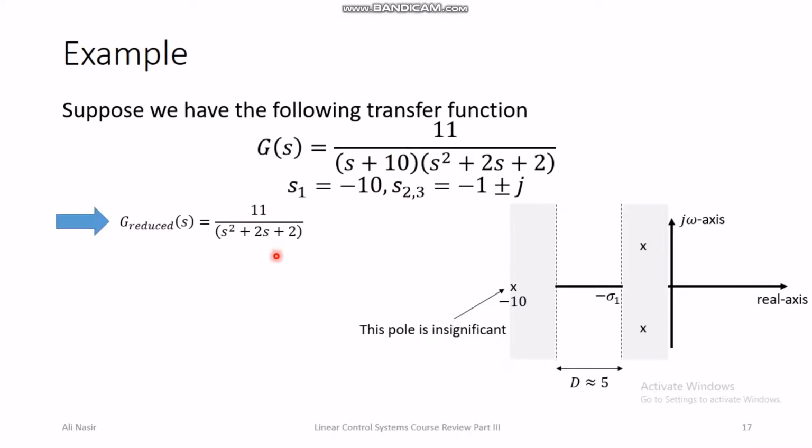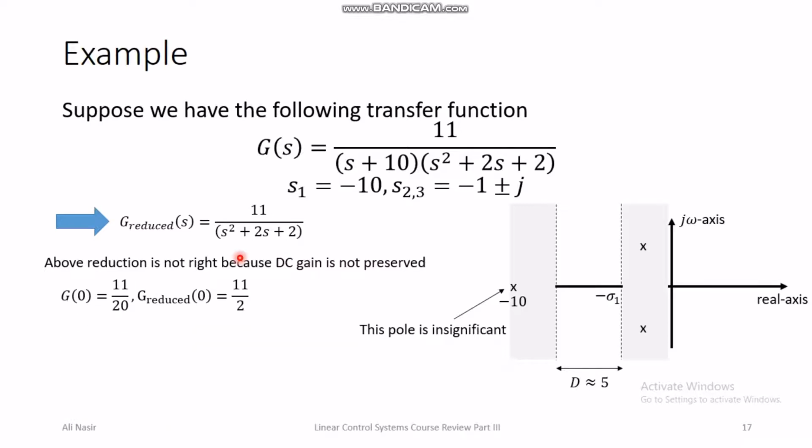But this reduction is not correct, because the DC gain of this transfer function is not the same as the DC gain of the original transfer function, which will mean that there will be a significant change in the frequency response. We don't want that, because it's important to have an approximation of the original system which behaves as similar to the original system as possible.